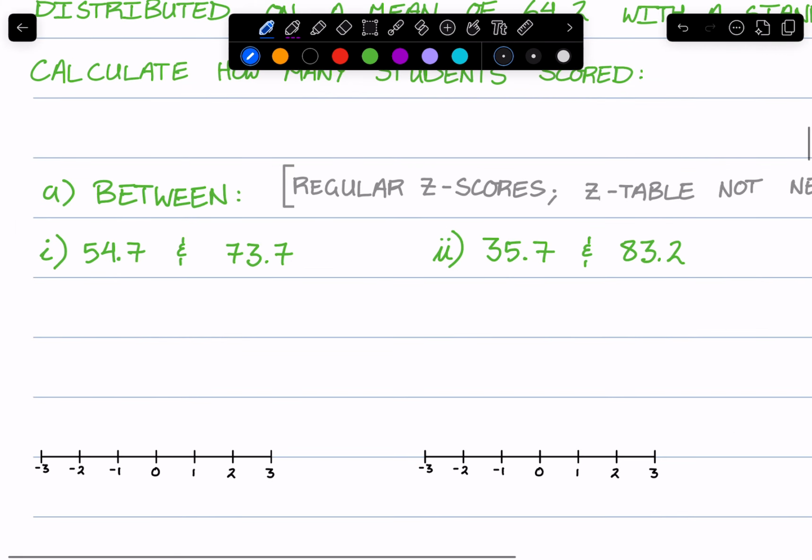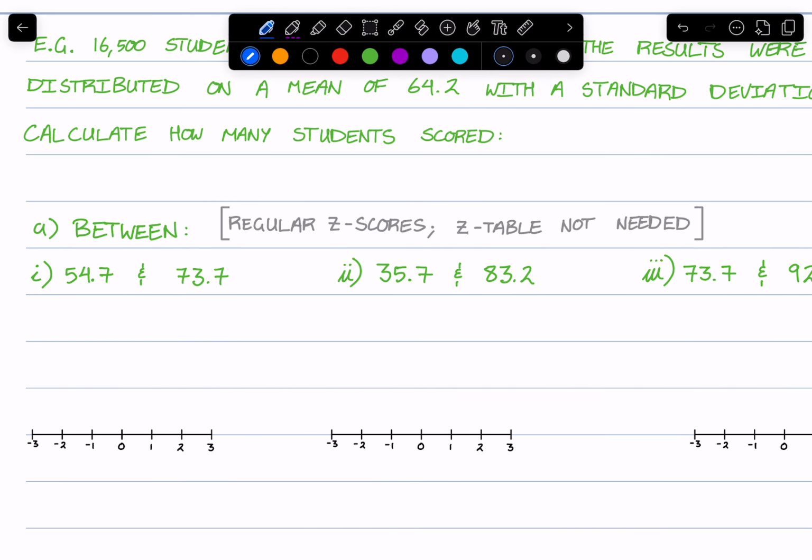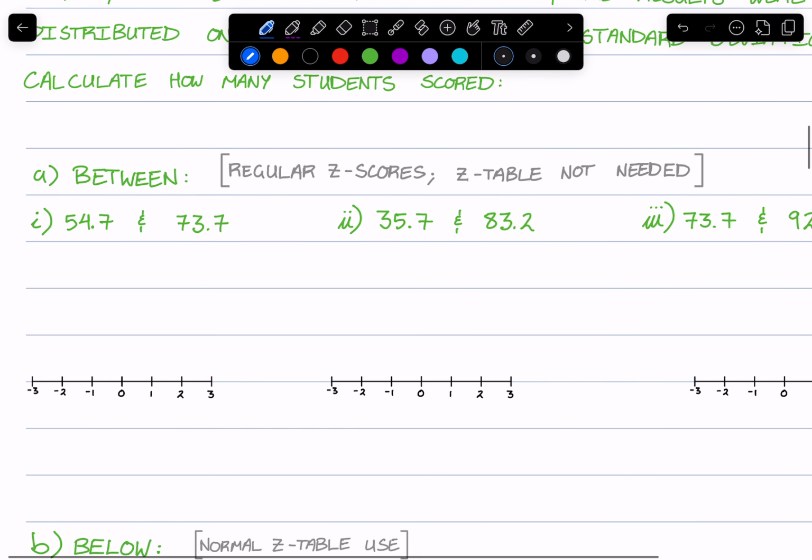Now when it says how many students are between, it's written as follows: the probability or the percentage of scores 54.7 greater than X and less than 73.7.